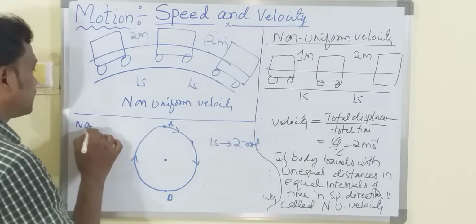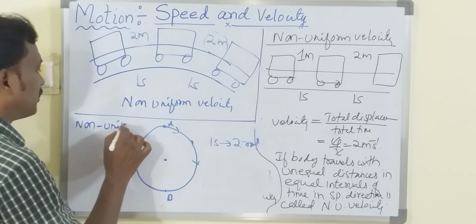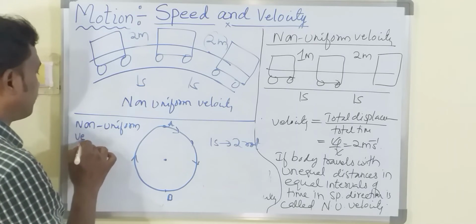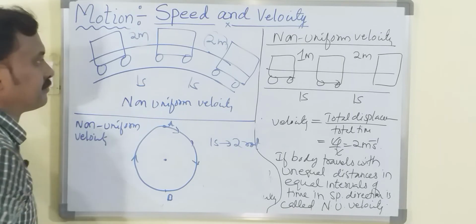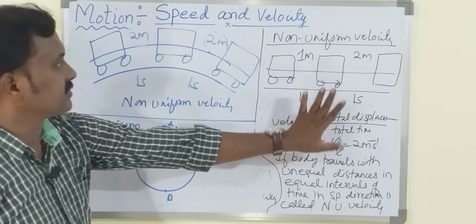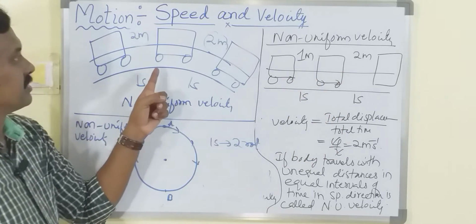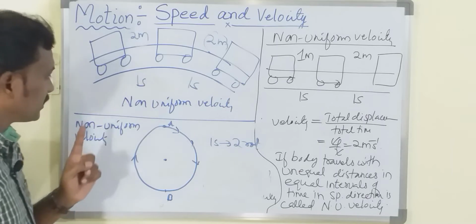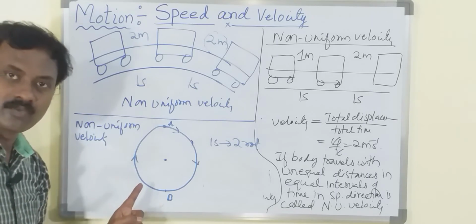So this is another example of non-uniform velocity.